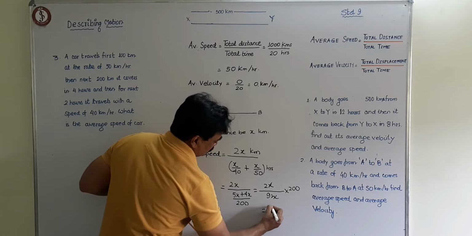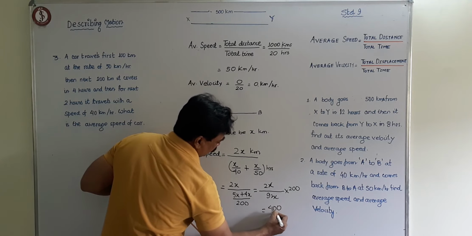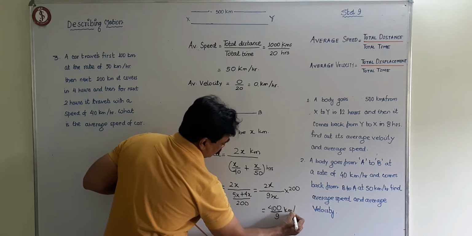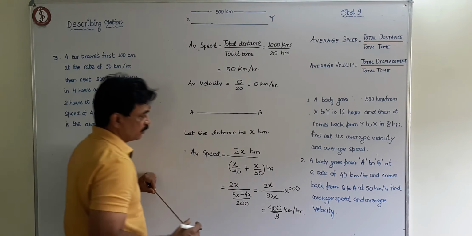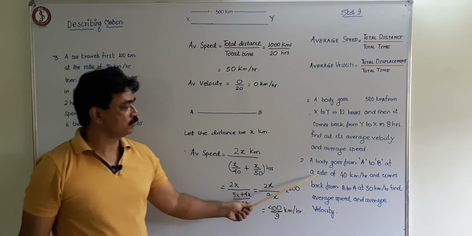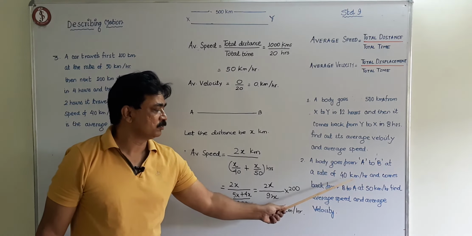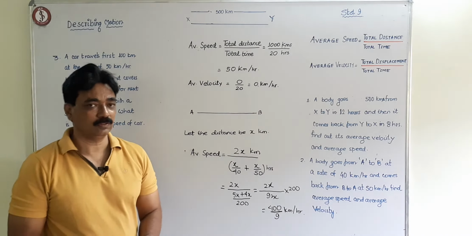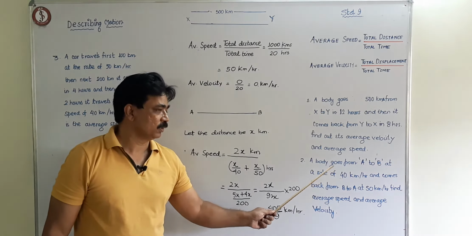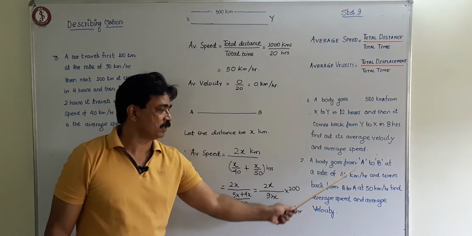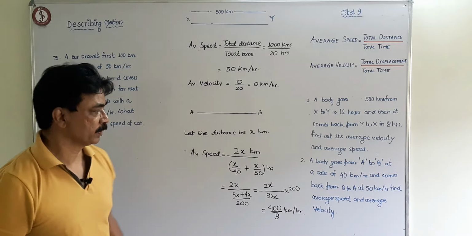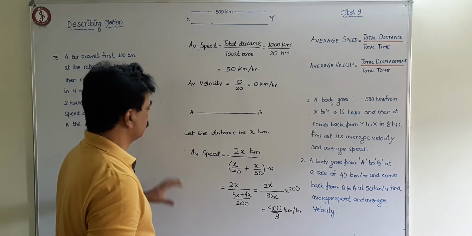That means the answer is 400 by 9 kilometers per hour. Normally many children think that the average velocity means you add up the speed and divide it by 2. No, that's not correct here, because you don't know how much time this has traveled and how much time this has traveled. So these are the two questions, very important questions.